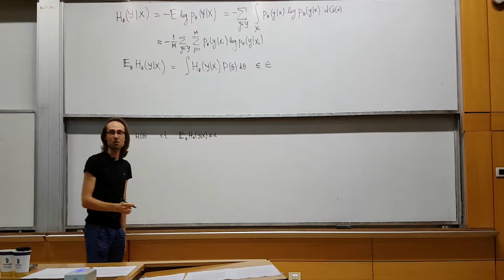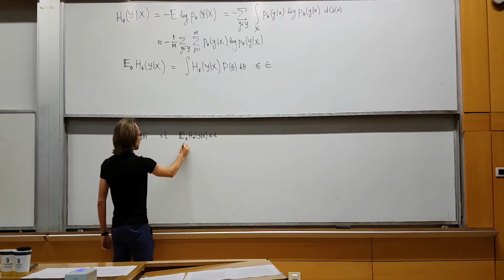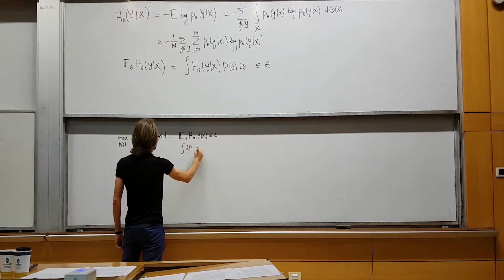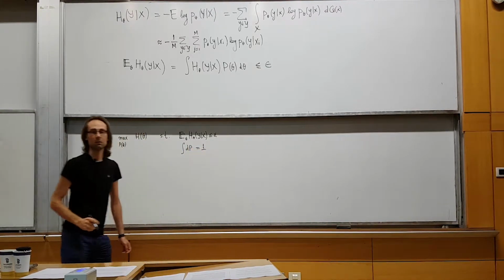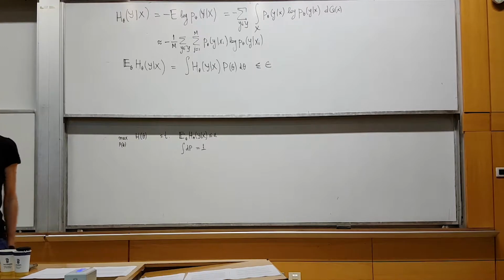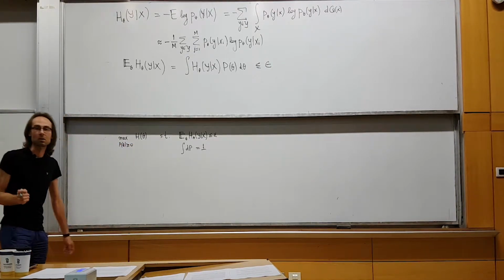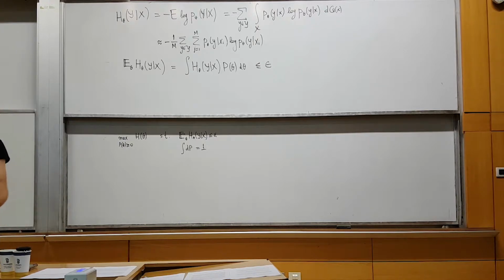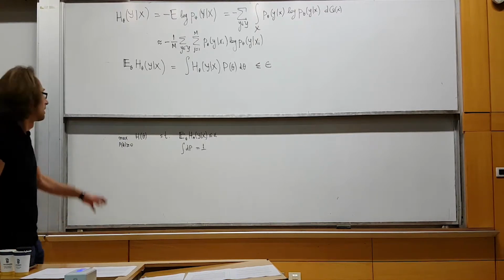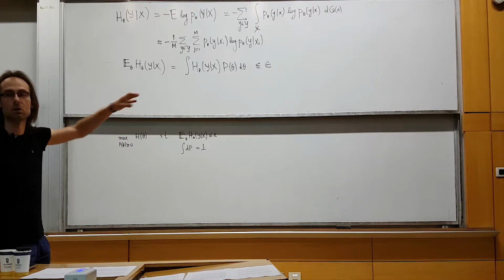Obviously, I have a trivial constraint that the integral of p theta has to be 1, right? It's a probability distribution. Let's write another obvious condition. It's a variational problem: I'm looking for a function minimizing this functional subject to these constraints.